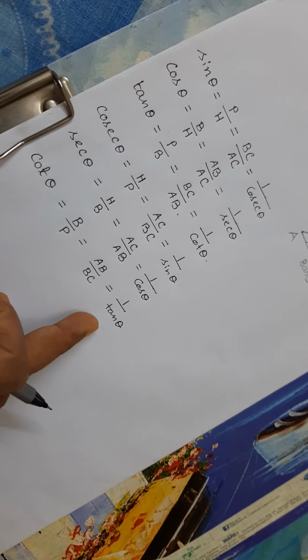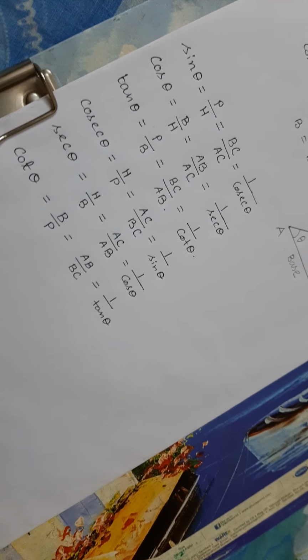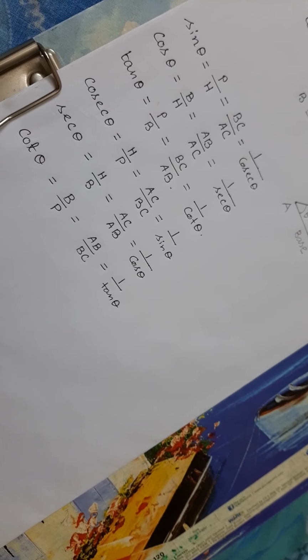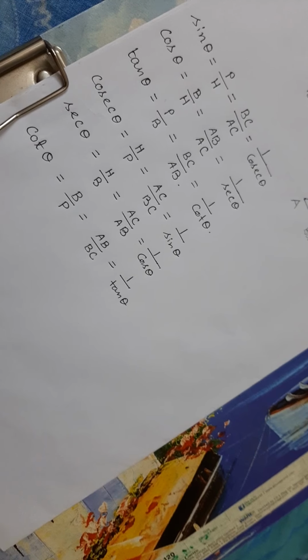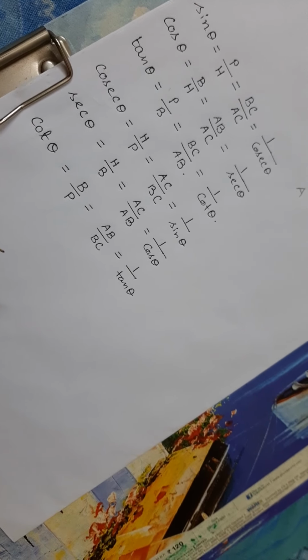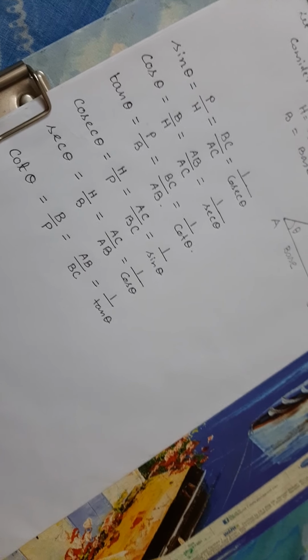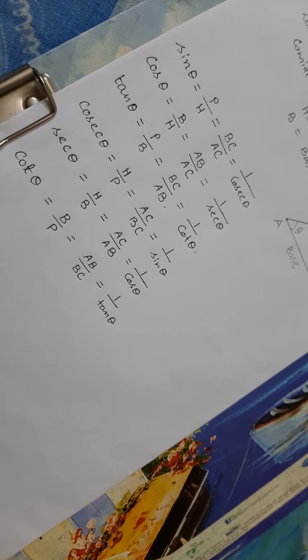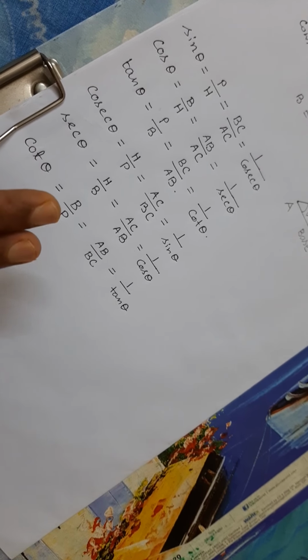So if we know the first 3 ratios, then the other 3 we can easily find. So these are the 6 ratios in trigonometry.